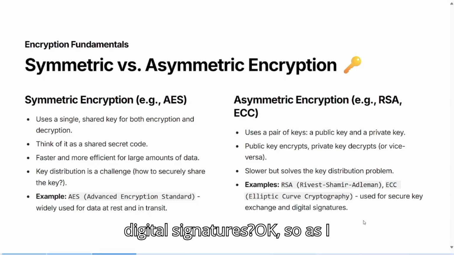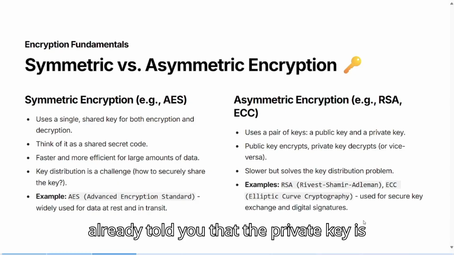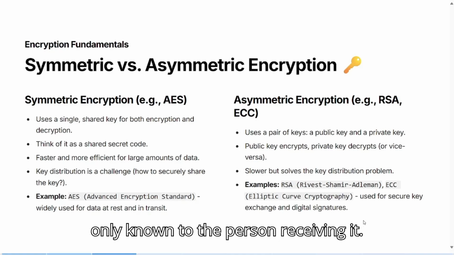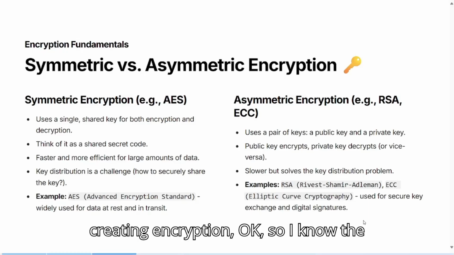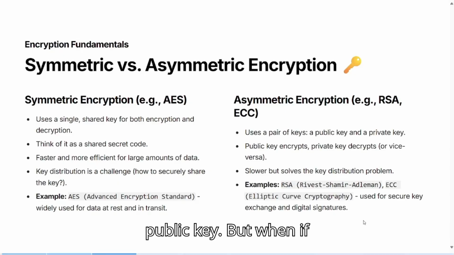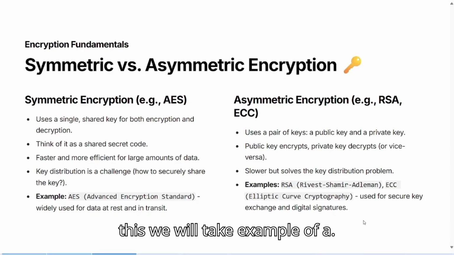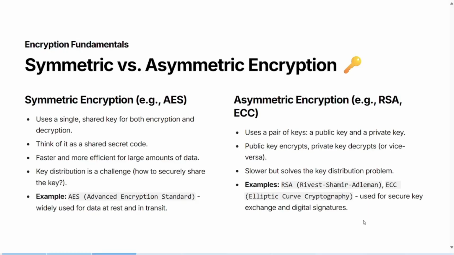As I already told you, the private key is only known to the person receiving it. Whenever I am creating an encryption, I know the public key. Take the example of a particular file.